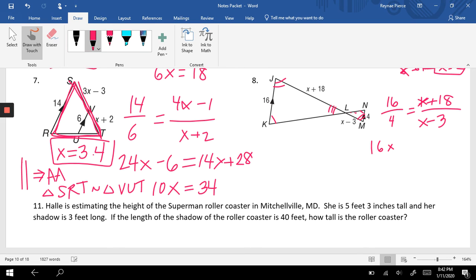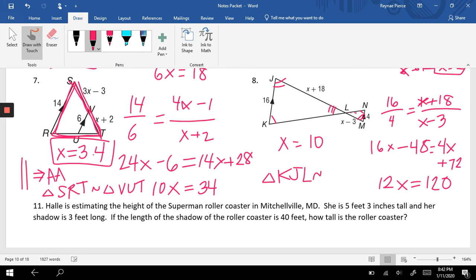Cross multiply, get 16x minus 48 equals 4x plus 72. Okay. Subtract 4x gets me 12x. If I add 48 to 72, that gets me to 120. So my x value is 10 for these similar triangles, KJL and MNL.